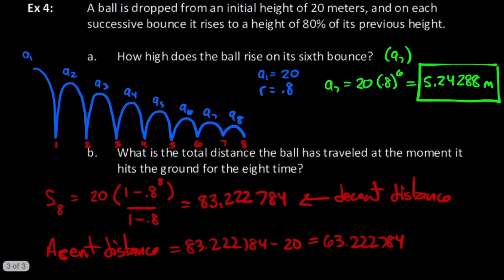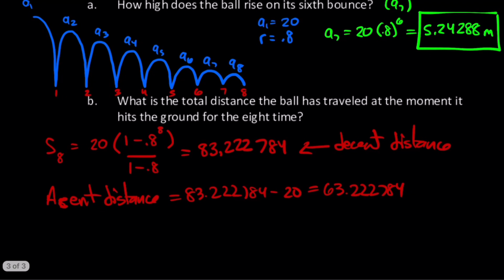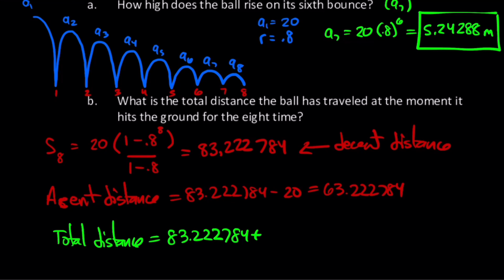And then your total distance is simply what you get when you add those together. So that's your 83.222784 plus 63.222784. And let's round this to the nearest hundredth. So I got 146.45, and that'd be meters.